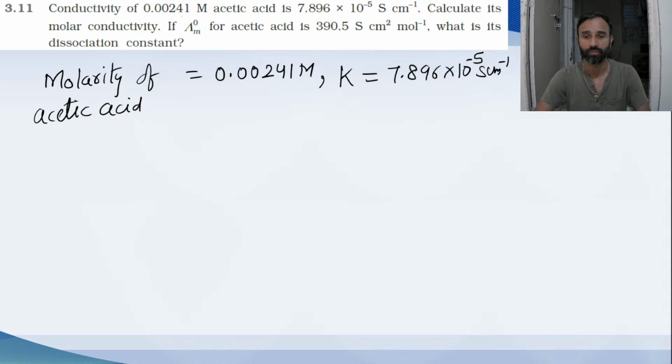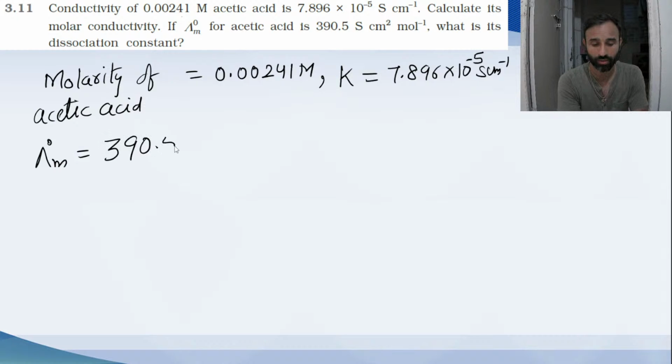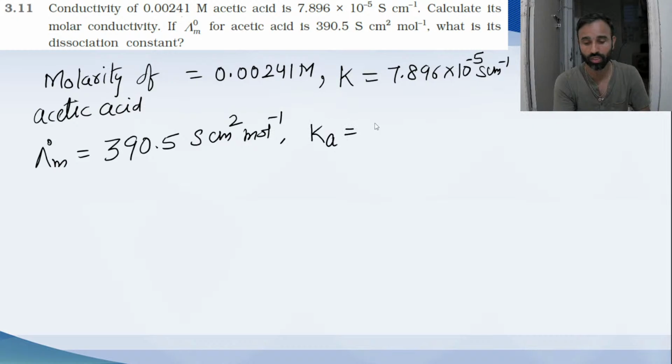Next, lambda naught is given. Lambda naught is molar conductivity at infinite dilution. It is 390.5 S centimeter square per mole. So we have to calculate the dissociation constant of acetic acid.